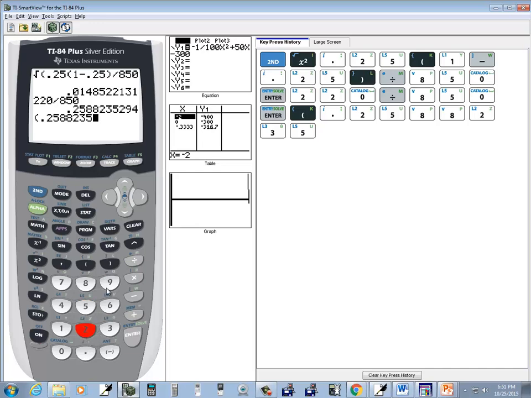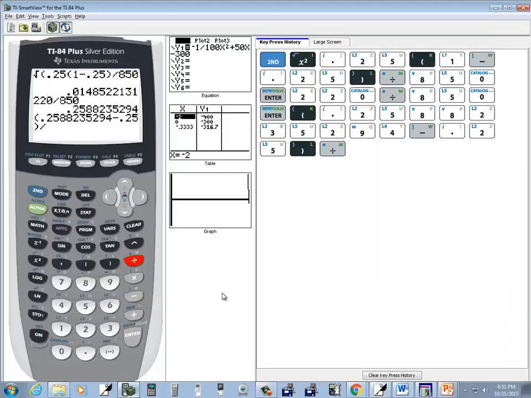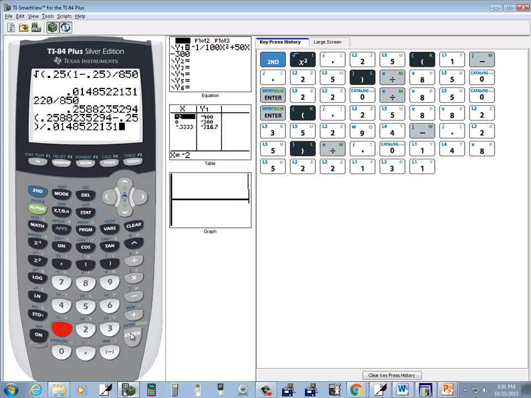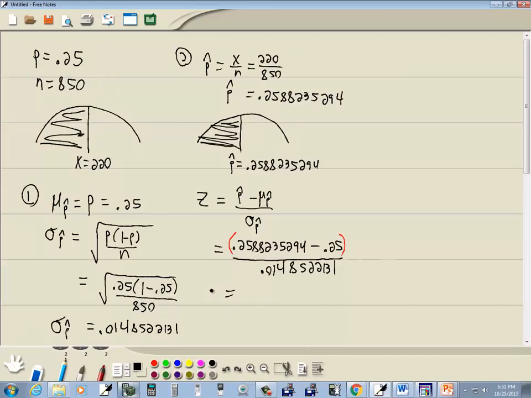We'll do a beginning parentheses, 0.2588235294, minus 0.25, closing parentheses, divided by 0.0148522131, and then press enter, and we get z.